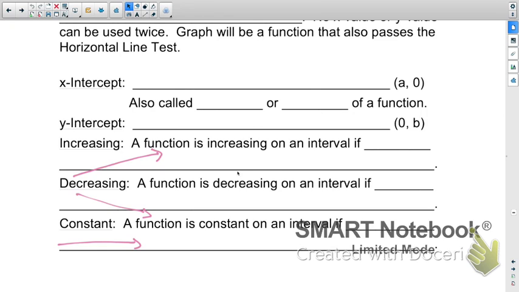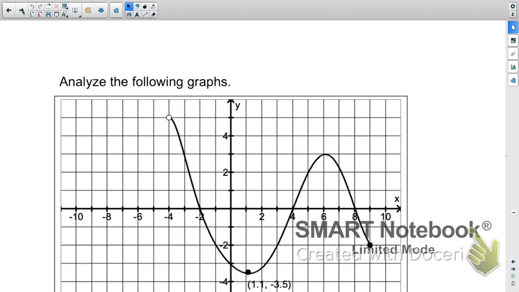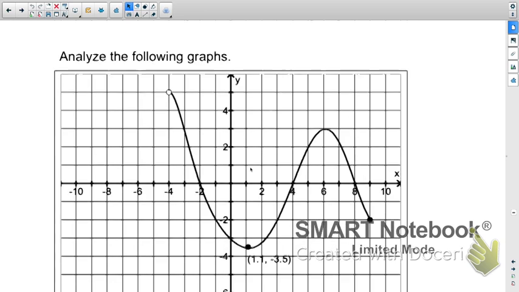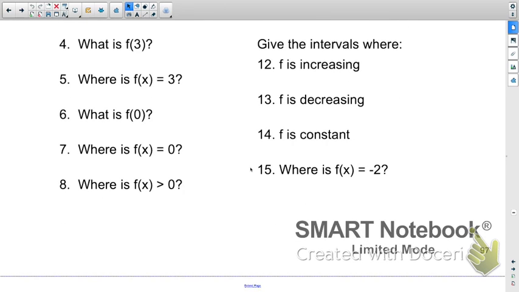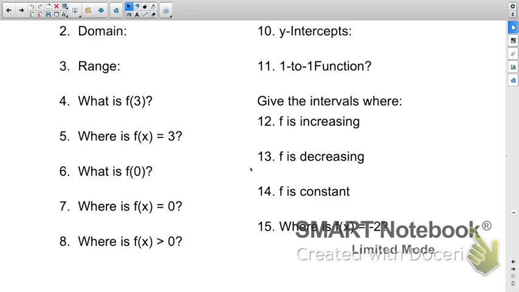All right? On the next page, here's what I would like for you to do. Since a lot of this is review, I would like you to work at your tables and see exactly what you can answer on this page about that graph. One thing I do want to point out is for questions 12, 13, and 14, increasing, decreasing, constant.